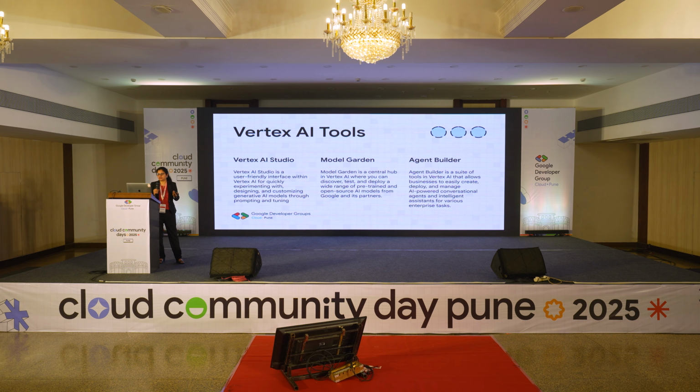It is a central hub in Vertex AI where you can discover, test and deploy a wide range of pre-trained and open source AI models from Google and its partners. In the same way, Agent Builder is a suite of tools in Vertex AI that allows businesses to create, deploy and manage their AI-powered conversational agents. Have you heard about ADKs? These are agent builders available in Vertex AI.